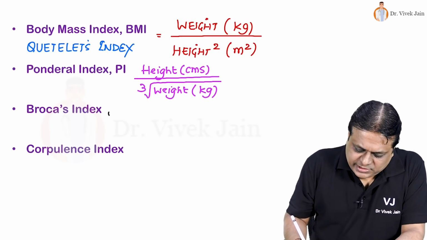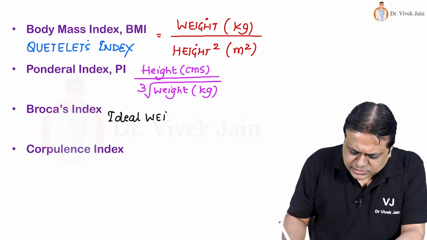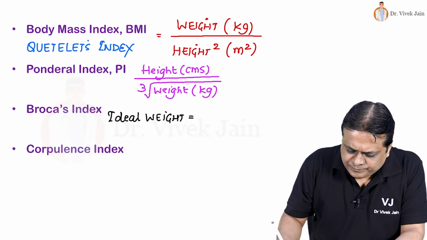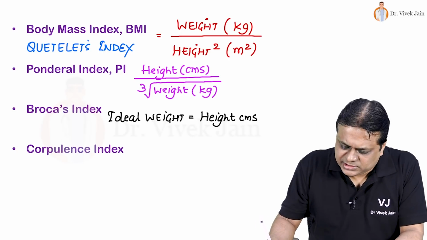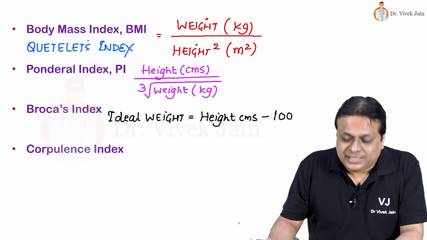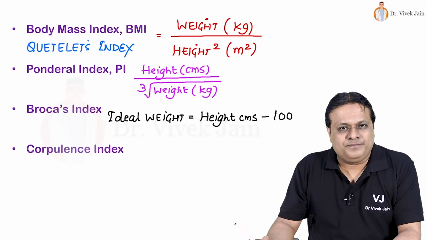Broca's index says any person's ideal weight is height in centimeters minus 100. Anything more than that will indicate obesity.